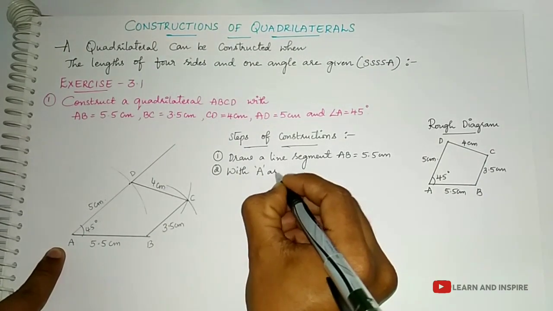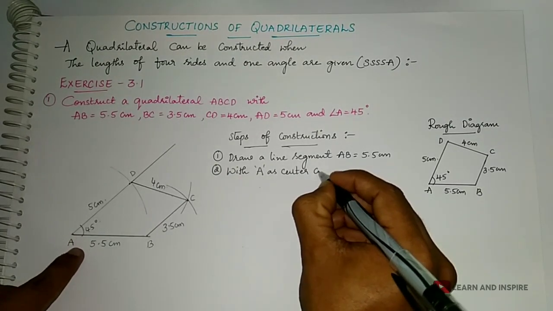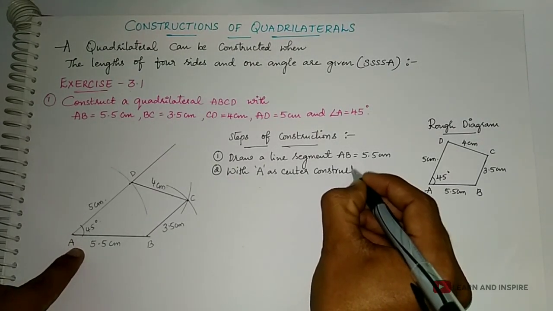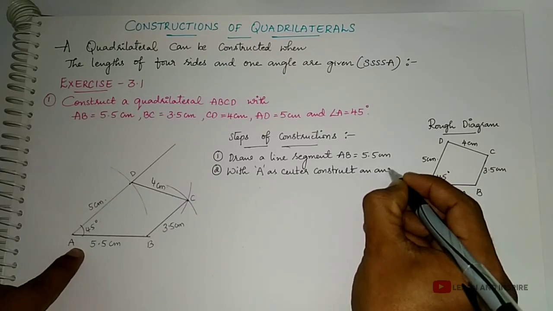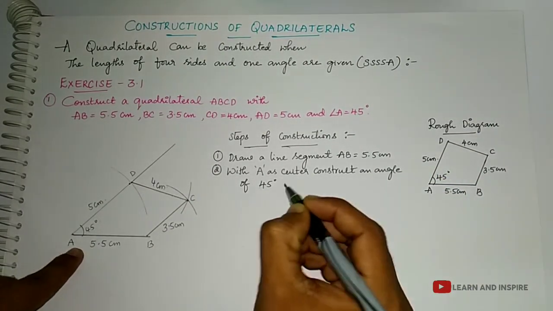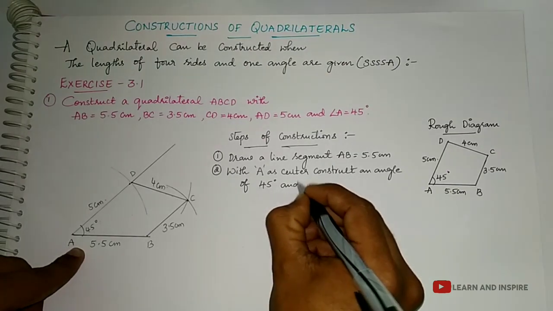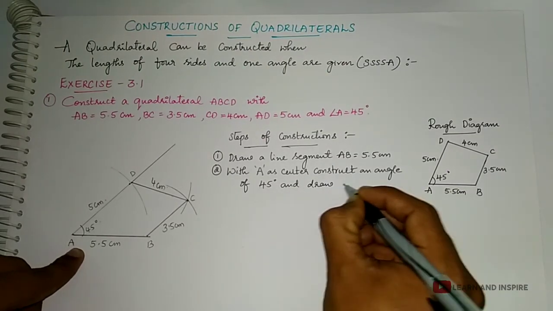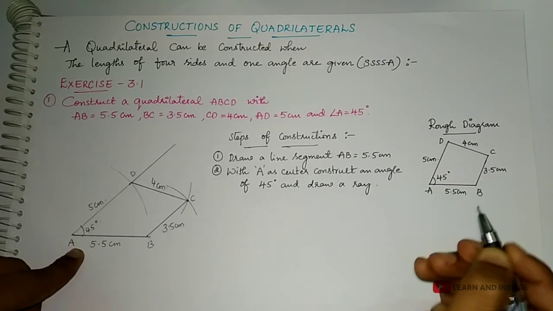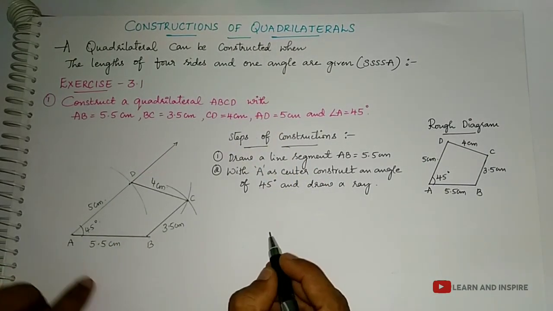With A as center, construct an angle of 45 degrees. Okay, so we have to construct an angle of 45 degrees and draw a ray. So we can draw a line, so that represents a ray.